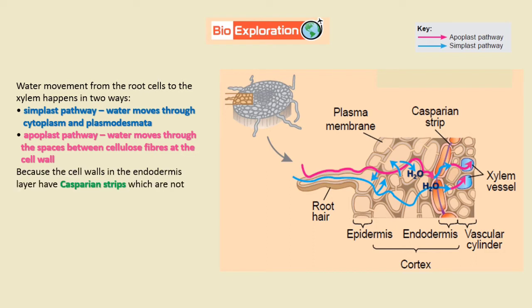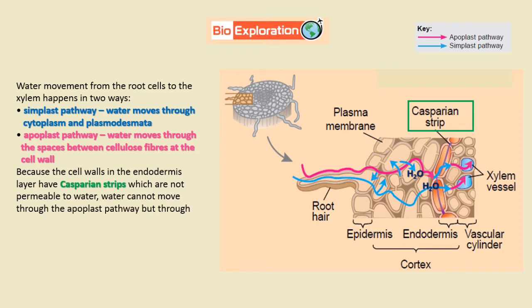Because the cell wall in the endodermis layer has a Casparian strip which is not permeable to water, when water enters the endodermis it cannot move through the apoplast pathway but only through the symplast pathway, which is the water movement through cytoplasm and plasmodesmata.